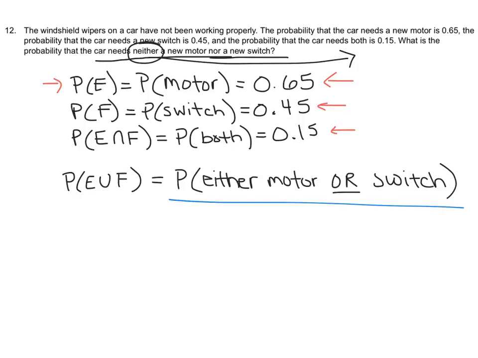So what I really want to find is the complement, which is the opposite of the union. So this we can represent as the probability of the complement of the union.